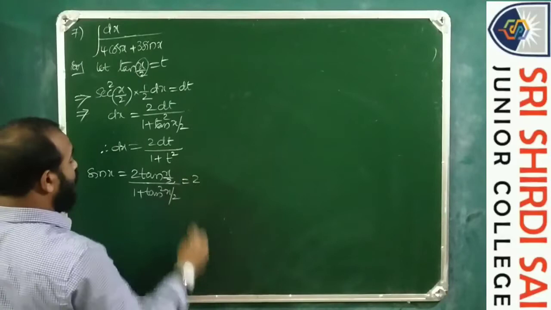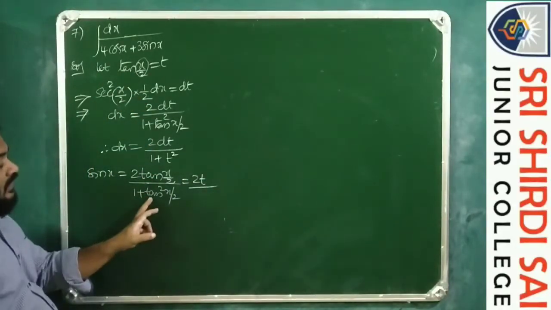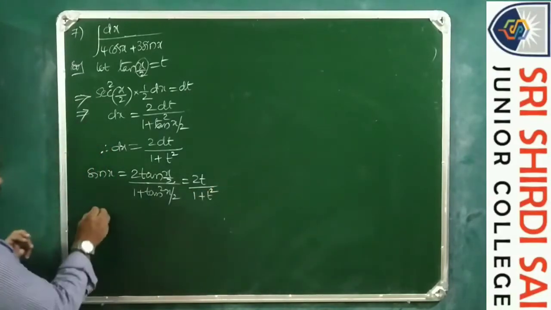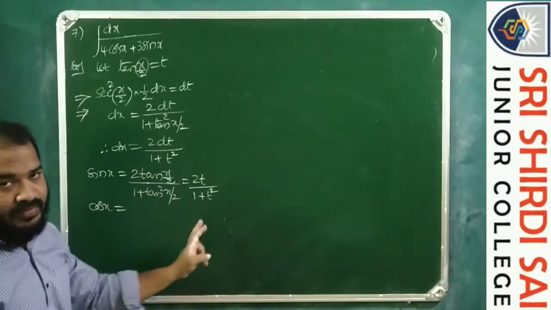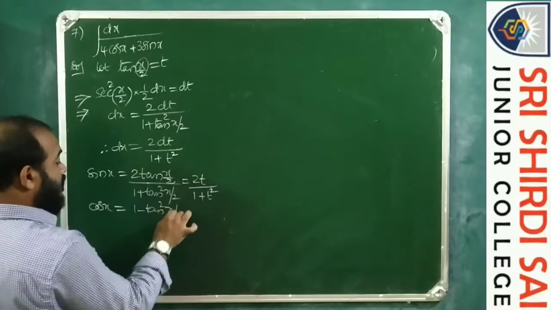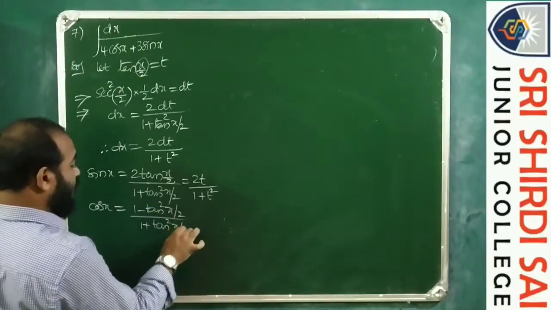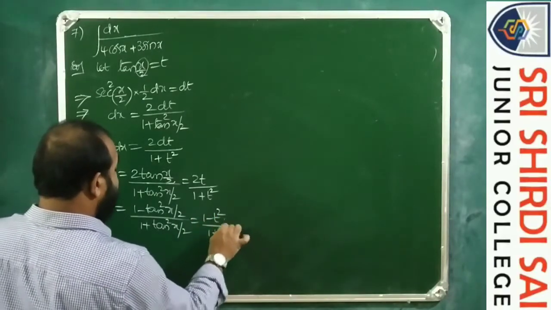So this is 2t by 1 plus t square. Cos x is equals to 1 minus tan square x by 2 by 1 plus tan square x by 2, so this is equals to 1 minus t square by 1 plus t square.